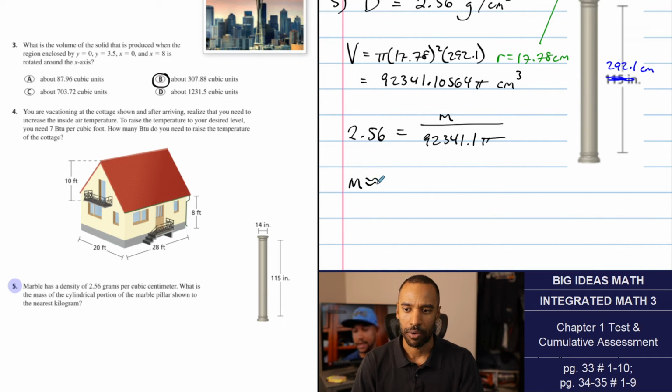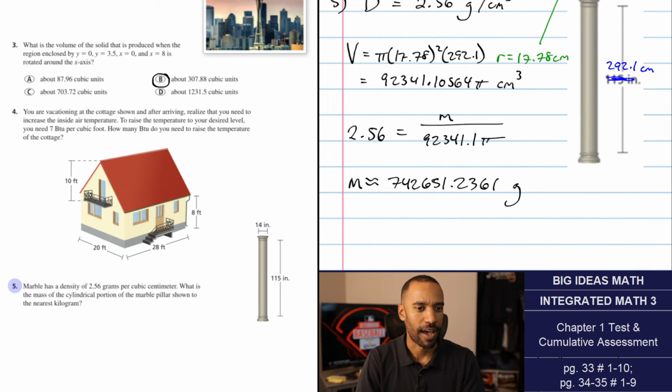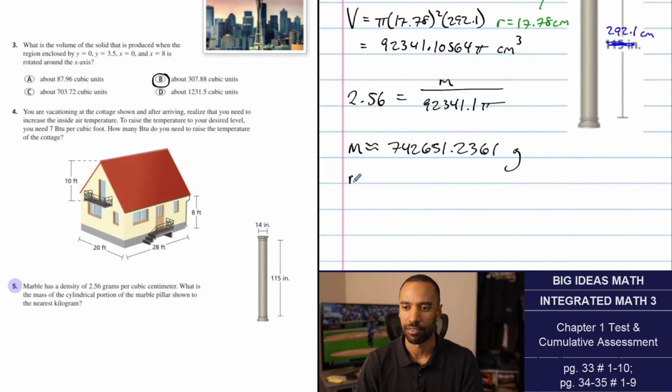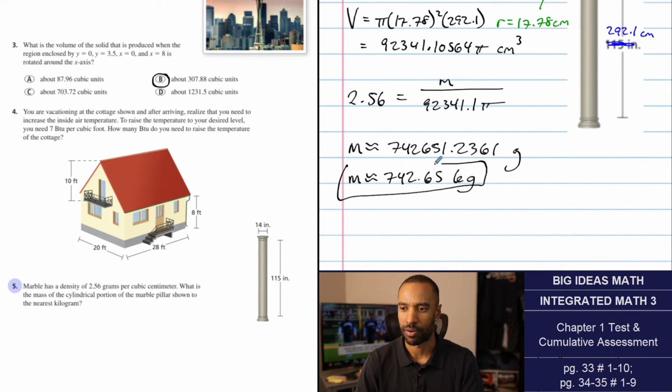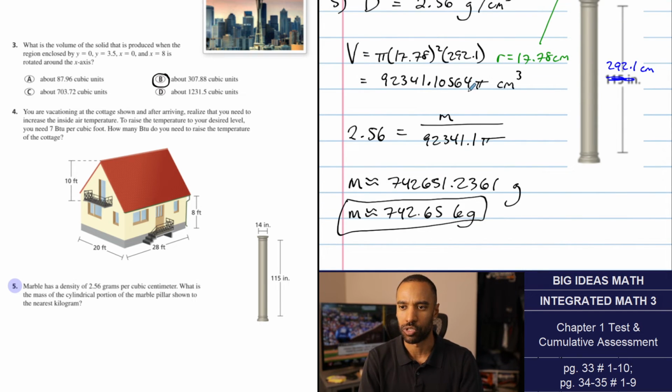Because this is in grams, we're getting 742,651.2361 grams. If I divide that by 1,000, that's a decimal shift 3 places over, we get 742.65 kilograms. That's where I'm going to stop my rounding. And that will get my final result based off all that.